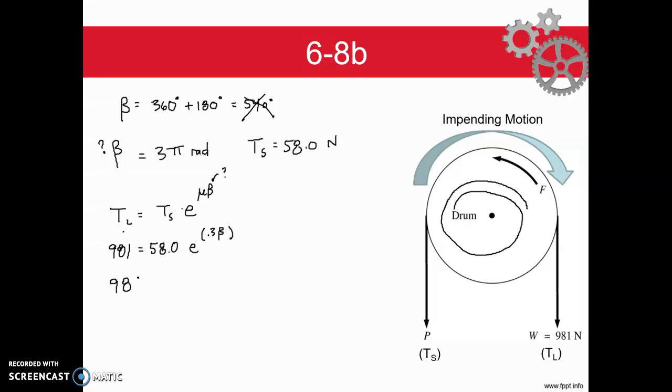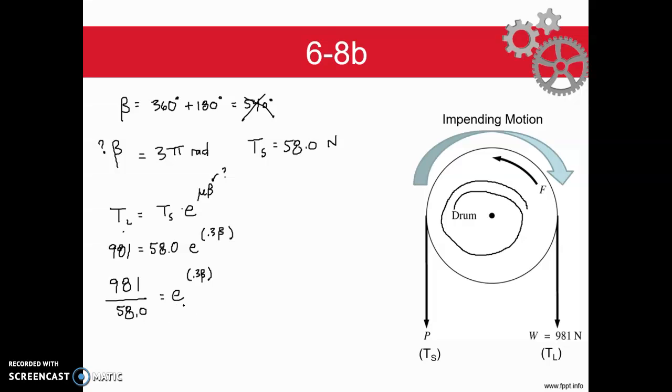So I've got 981 divided by 58.0 is going to be equal to e to the power of 0.3 times beta. But then what? We've got our unknown variable up here in the exponent. How do we isolate it? How do we solve for it?